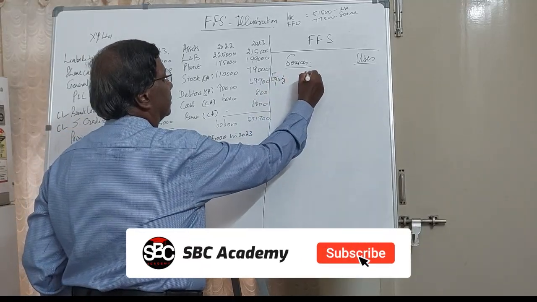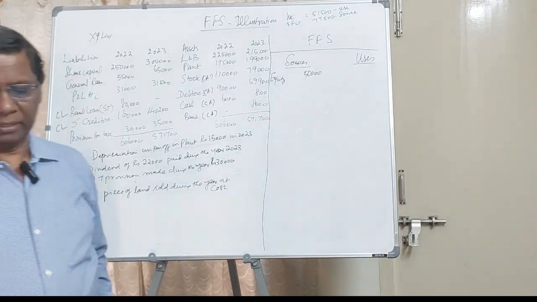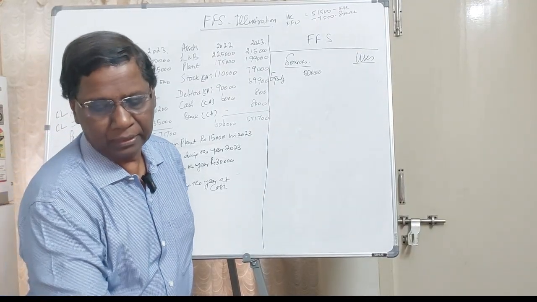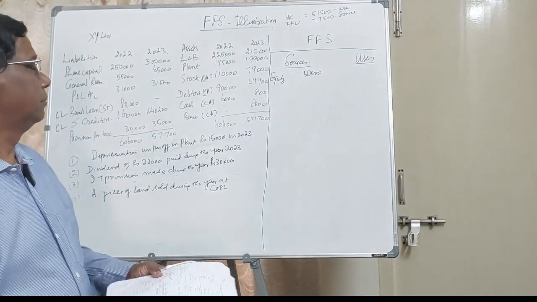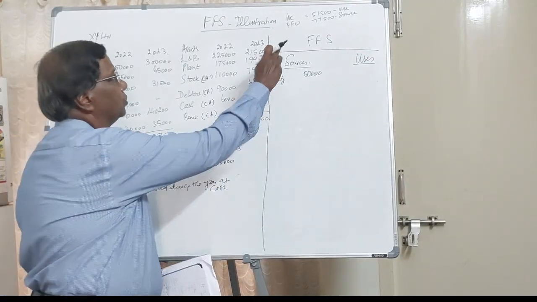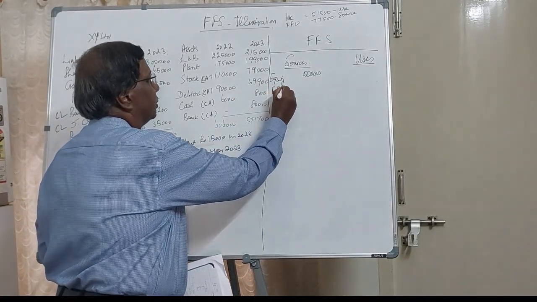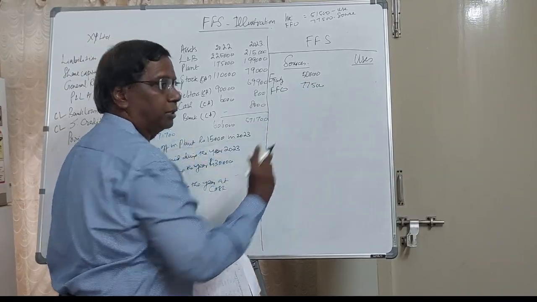It is a source. Okay, got the point? Very easy. There's nothing to worry. Then again, you have to find out each from sources. Funds from operations, already told it is a source, 70,500. Okay, got the point?